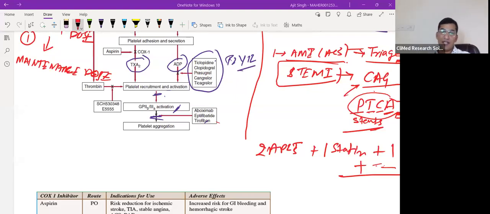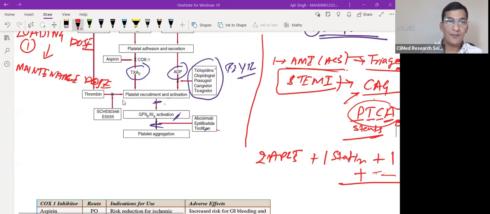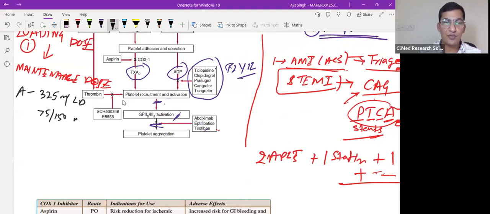Okay, so let me tell you here. When I'm talking about aspirin, the loading dose is usually 325 mg, and maintenance is either 75 or 150 mg, depending on the patient's bleeding profile and history of MI.